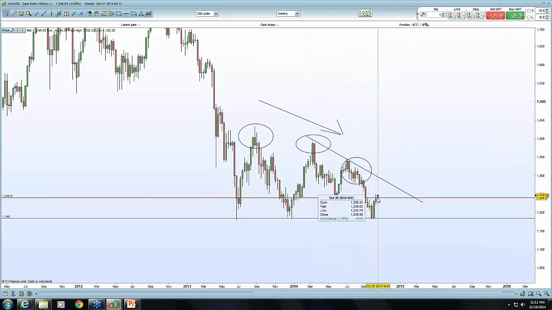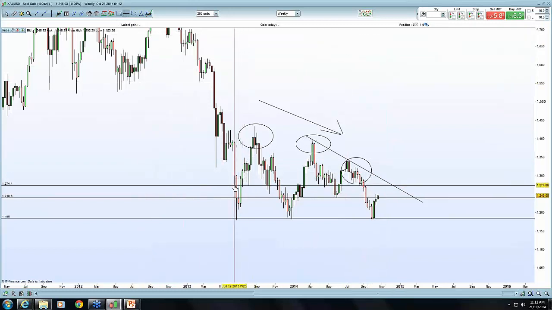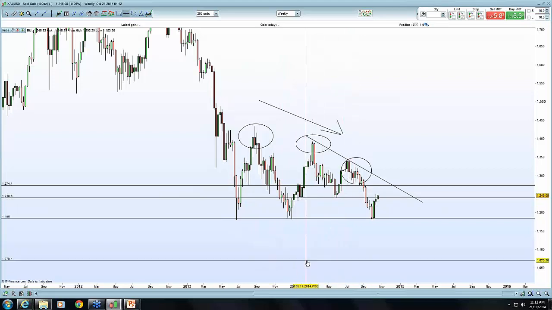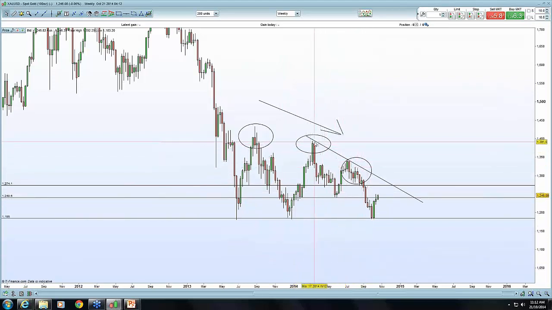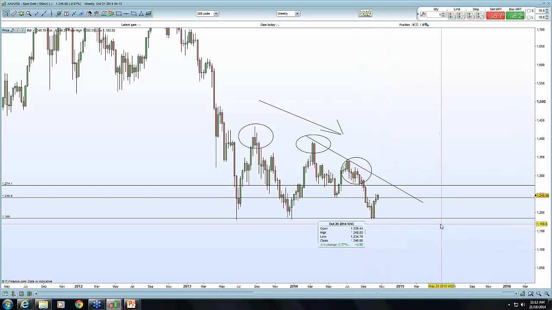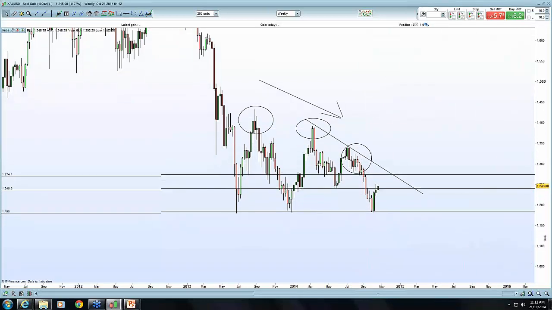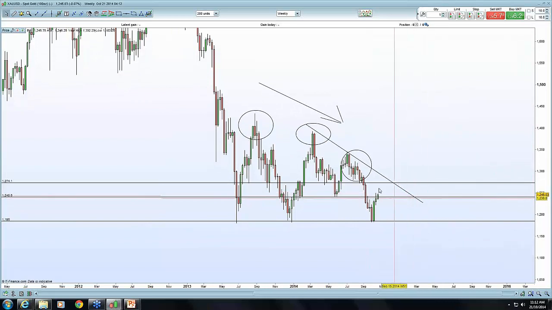But if it's been breached, then there's a possibility that we might test the next level of resistance, which is around the 1270, which happens to coincide with this trend line that I drew. It's not the best trend line in the world, but again, when the market is consolidating, I like to draw trend lines and try to form some kind of chart pattern so that I have a better guess of what might happen next. So it might come back to test the 1270 area if the 1240 level resistance has been broken.